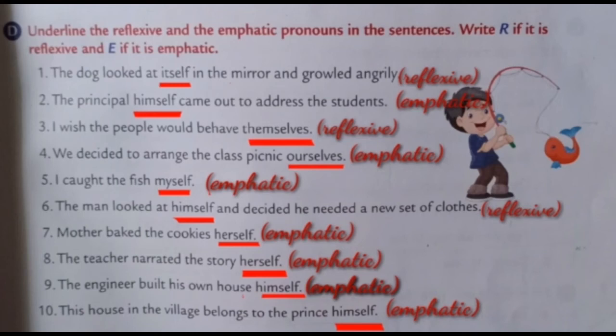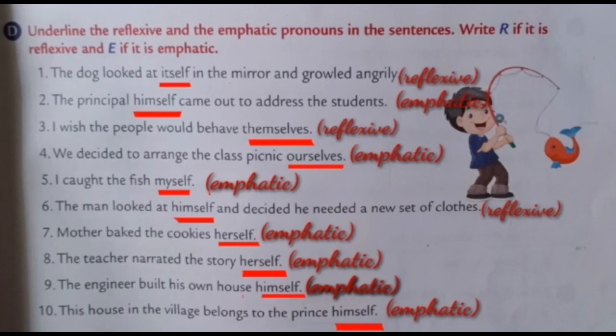Reflexive pronouns are always used as objects of the verbs. Emphatic pronouns draw attention to the subject and are never used as the objects of the verbs. Let's see the first one.